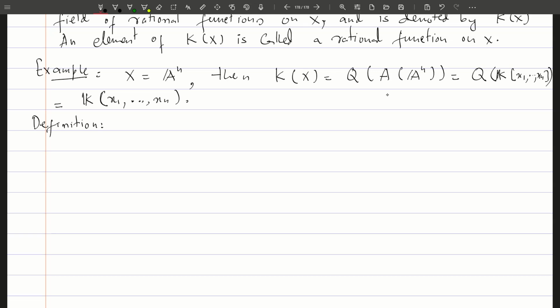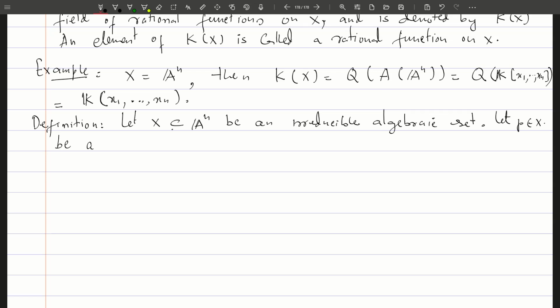Suppose we have, let X subset of A^n be an irreducible algebraic set. Let us pick some point p in X.